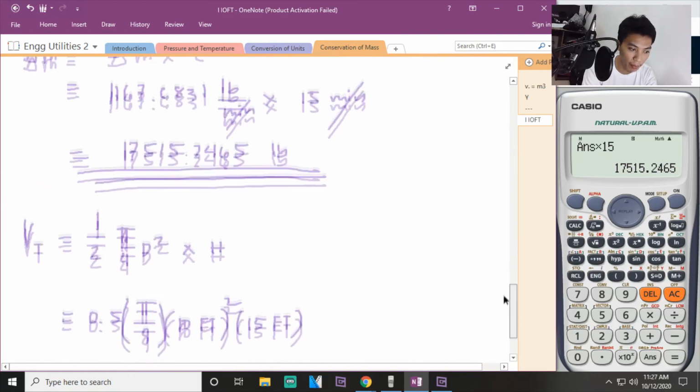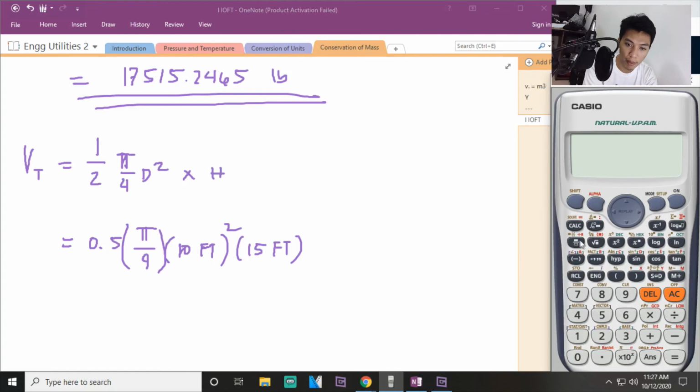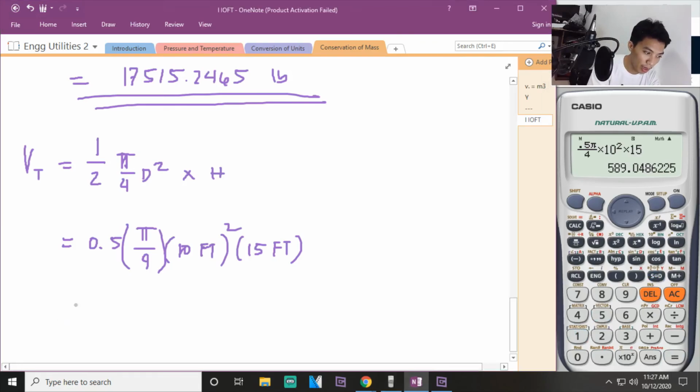Yes, correct. So, we can simplify na. So, 0.5 shift pi over 4 times 10 squared times 15. Naka-cubic feet to. So, 589.0486 feet cube.